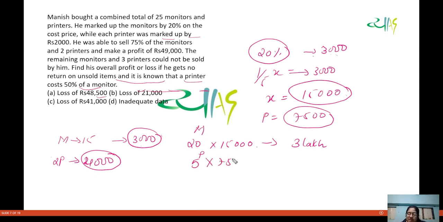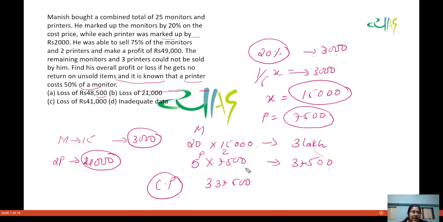So 5 into the printer cost of 7,500: 5 fives are 25, 7 fives are 35, 36, 37. So this is 37,500. So the total cost is 3,37,500 rupees. This is the cost price.